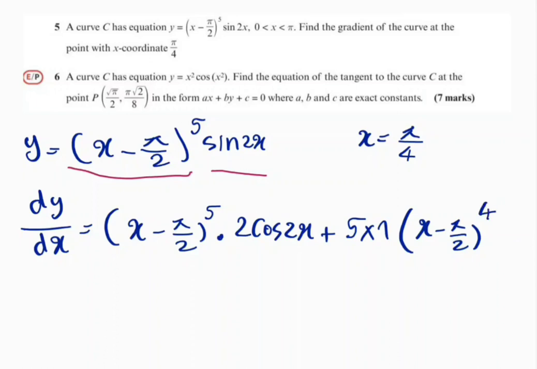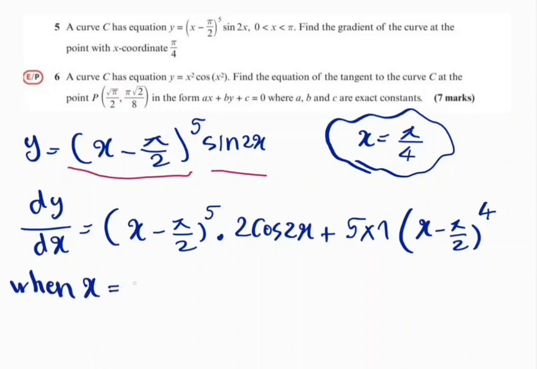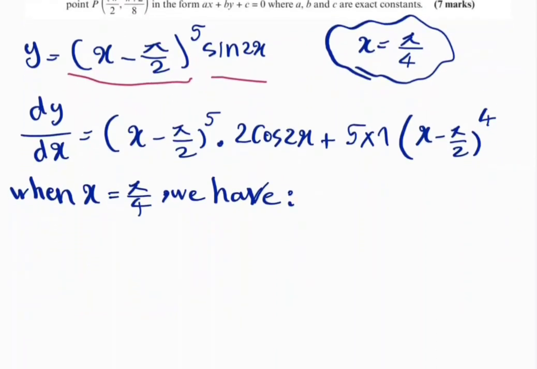And this is our derivative. And now we want to find the value of the gradient at this x coordinate. So when x is pi by 4, it's now a matter of substituting that into this equation and then just getting the final answer.